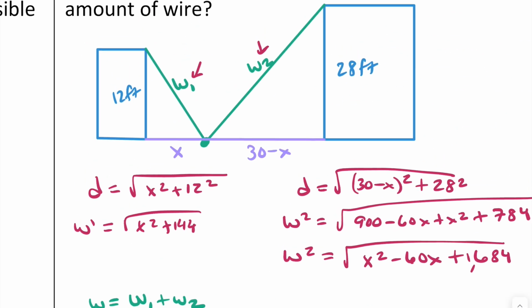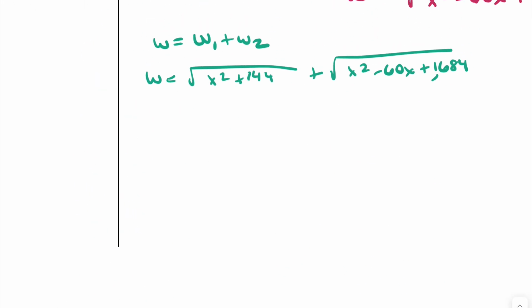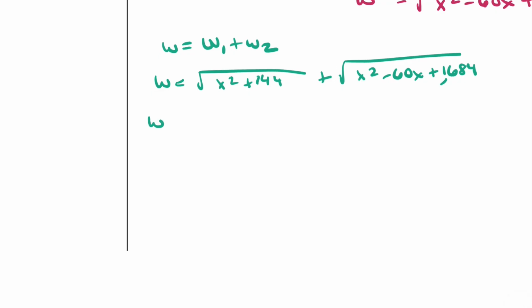Now, if I want to minimize total wire, I have to find the derivative of w, so I have to find the derivative of w1 and w2. So w prime is equal to the derivative of this one, which is 1/2 times x squared plus 144 to the negative 1/2.